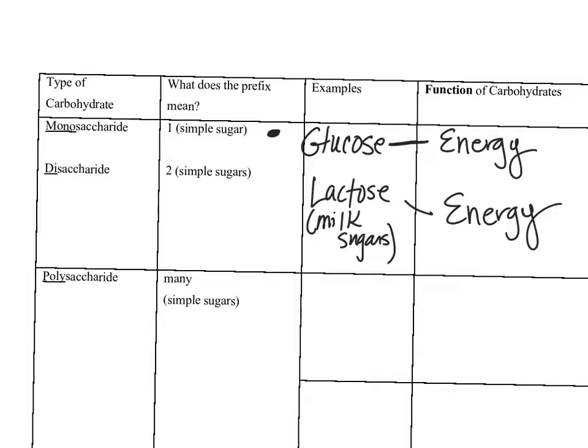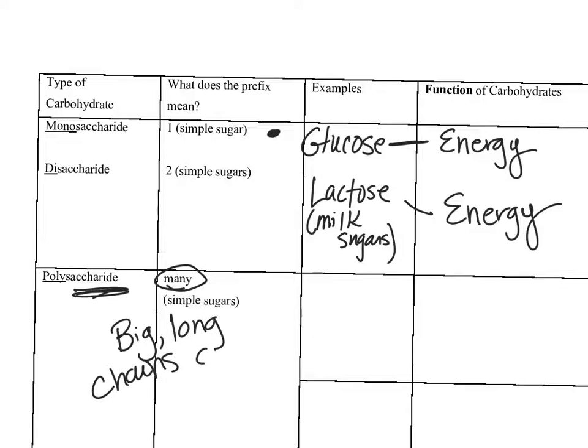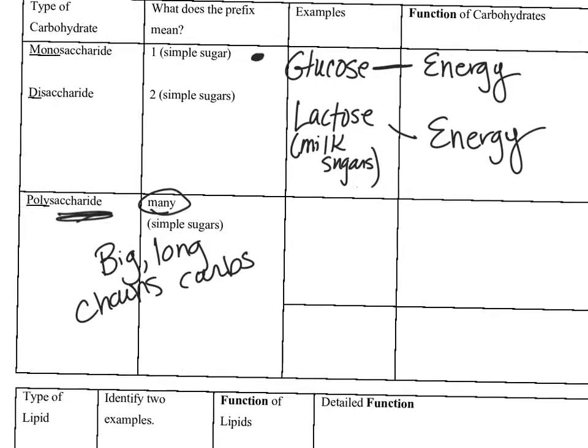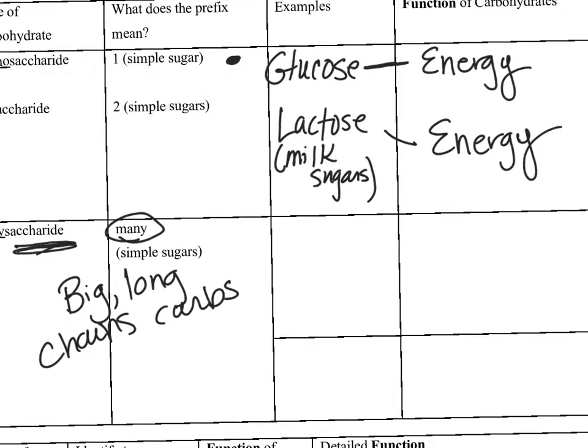So if it's not simple energy and simple carbs, let's take a look at this polysaccharide down here. So we've got poly meaning many, and these are big, long chains of carbs. An example would be, and let's move this up just a bit, an example might be starch.